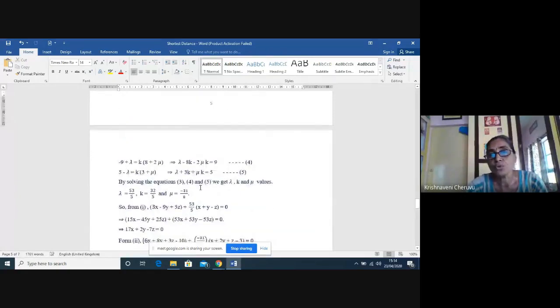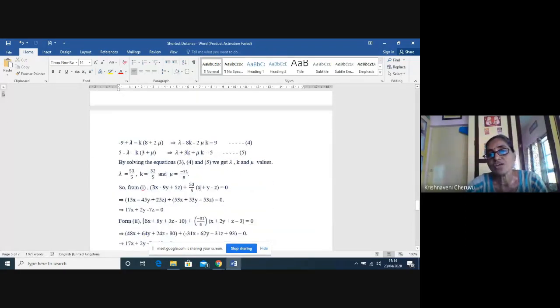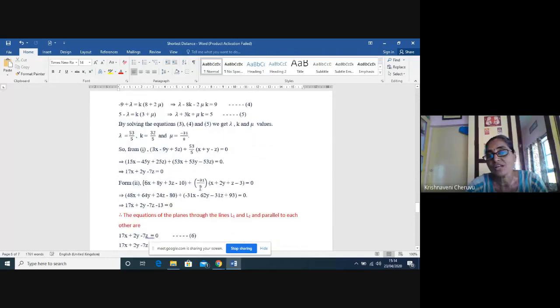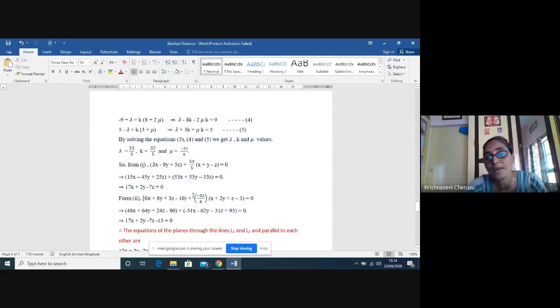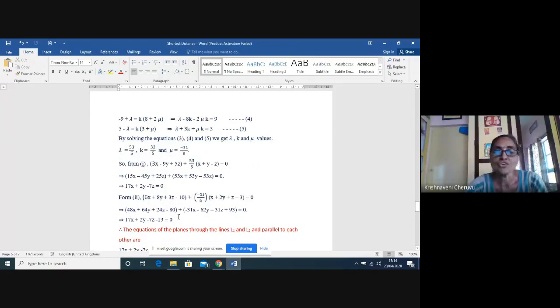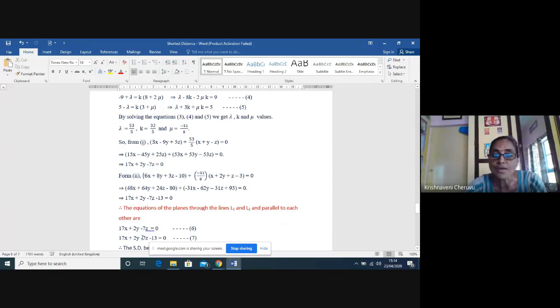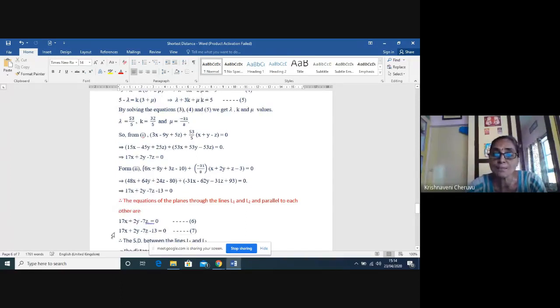So you will arrive at two equations, girls, and these two are the planes which are parallel to one another. You can make out that these two planes are parallel, and one of the planes is containing L1, the other plane is containing L2. That is the first step.